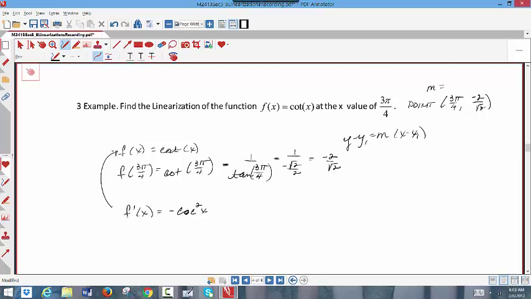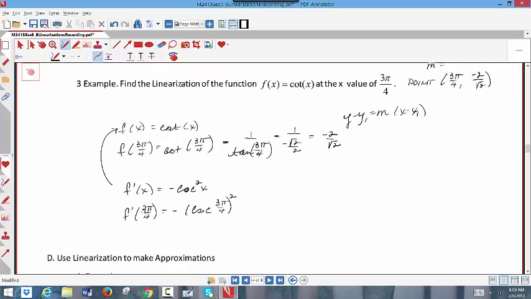Okay, so now I want to find this value, which is the slope of the tangent line at this point. It's going to be a negative cosecant of 3 pi fourths squared. Cosecant is 1 over sine of 3 pi fourths, with a negative in front, and sine at 3 pi fourths is square root of 2 over 2, positive in quadrant 2.